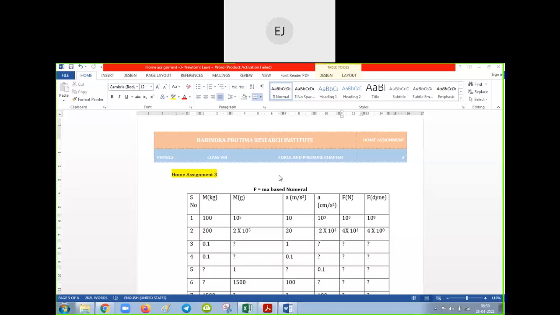So this kind of formula you have to derive and then use it in the calculation.